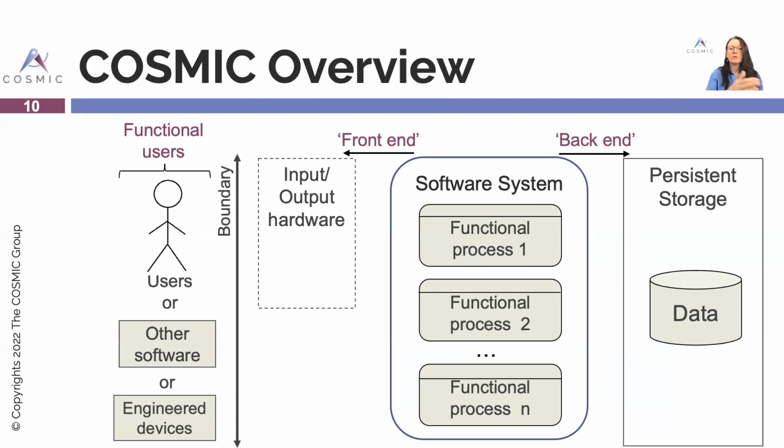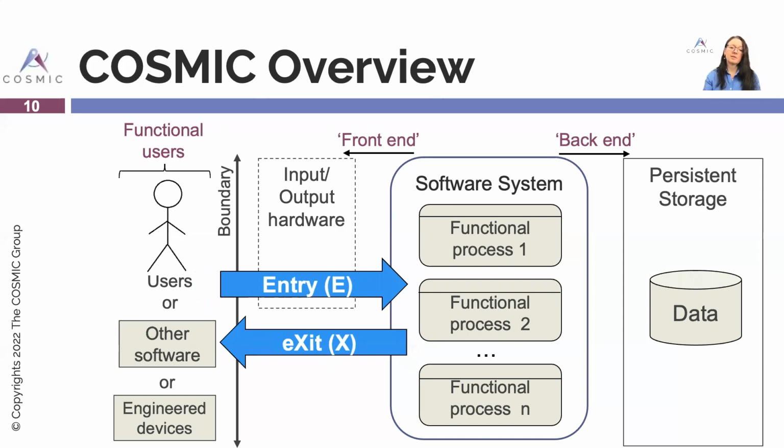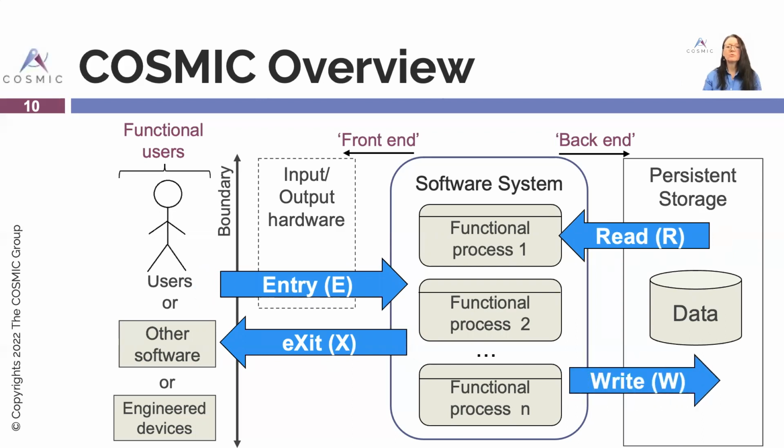Now, between the users and the software system, you can go through the I/O hardware or not. But whenever data comes in from a functional user, it's called an entry data movement. From the functional process to the user, it's an exit data movement. From persistent storage, it's a read data movement, and to the persistent storage, it's a write.